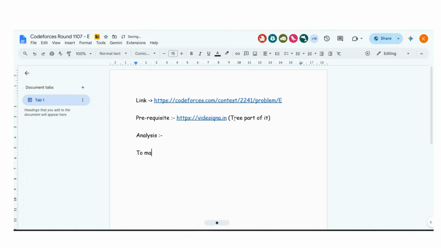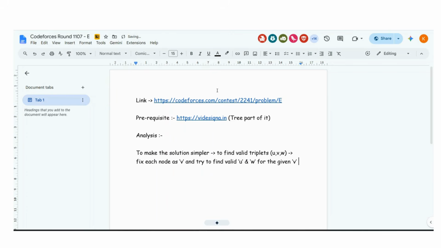To make the solution simpler, to find valid triplets u comma v comma w, fix each node as v and try to find valid u and w for the given v.